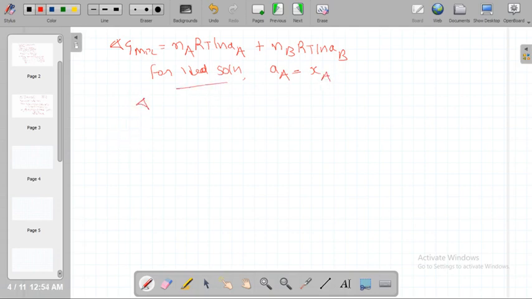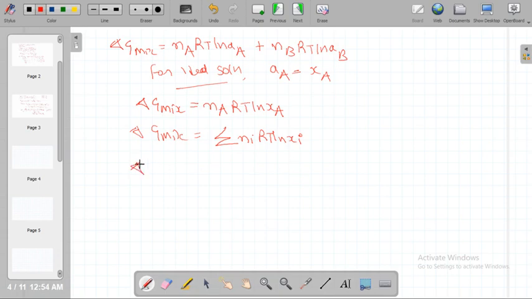So this delta G of mixing becomes nA RT ln XA, or this delta G of mixing becomes the summation of ni RT ln Xi.